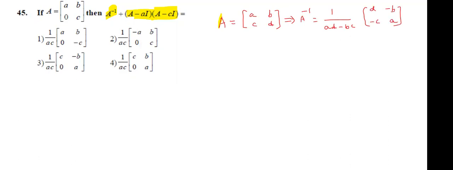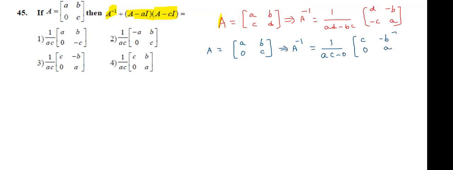But here, the given A matrix is a, b, 0, c. Then how to find A inverse? A inverse is equal to 1 by (ac minus 0) into c, minus b, 0, a. This is A inverse. Now here observe that A minus aI into A minus cI is there. So that means here we need to find a characteristic equation. What is the characteristic equation formula?